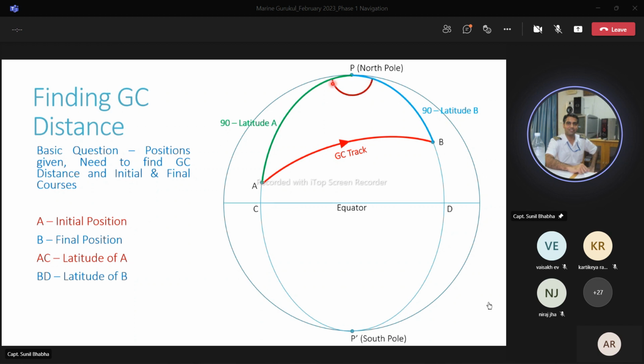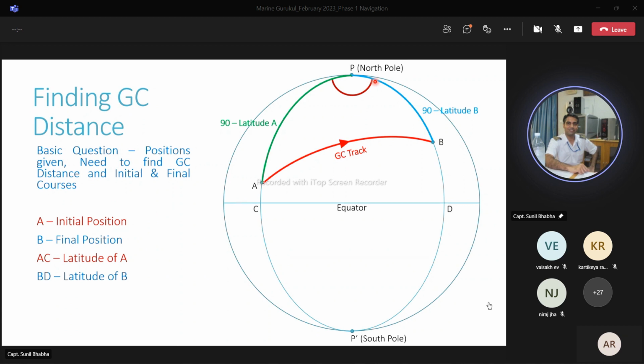This is the D long between A and B. As the position of both these points A and B, initial and final position, is given to us, we have the longitudes of A and B known to us. Once you have the longitudes, we can easily find out the D long between A and B. So the D long between A and B gives us angle P of the spherical triangle PAB. So this is the third item which is known to us, that is angle Papa.